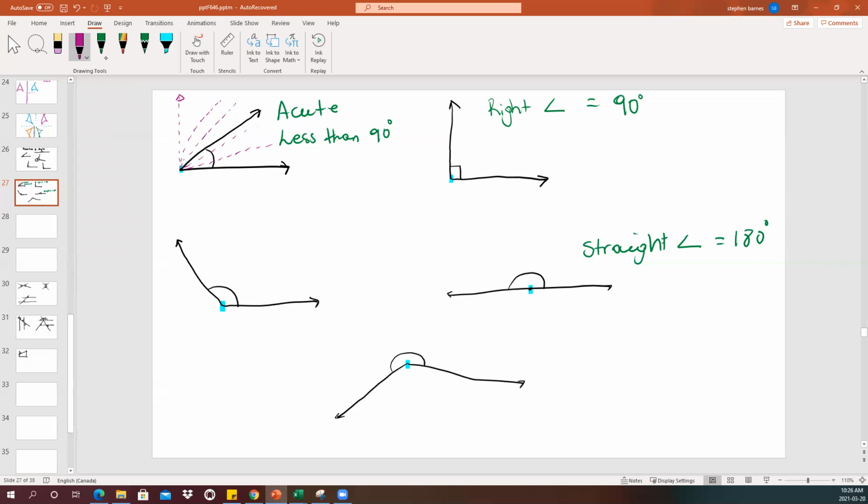The other type of angle, this one here, bottom left, is what we call an obtuse angle. Obtuse angles are greater than 90 but less than 180.